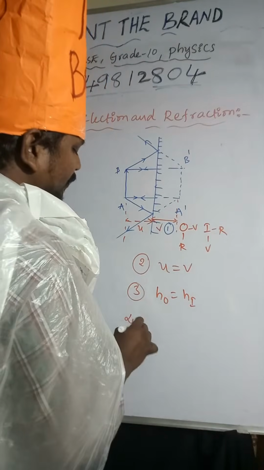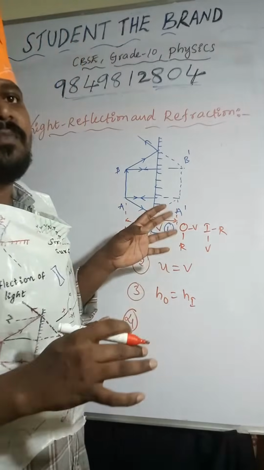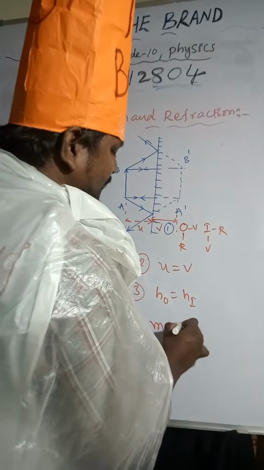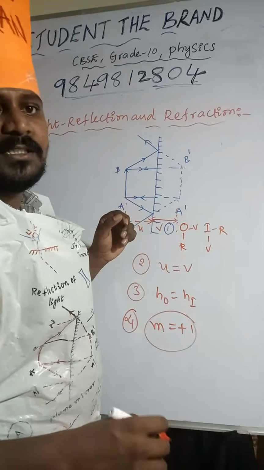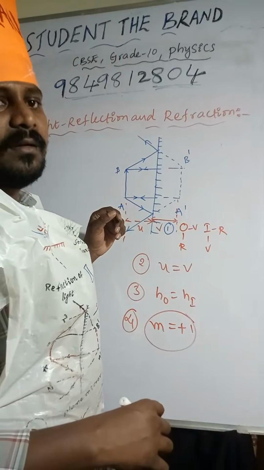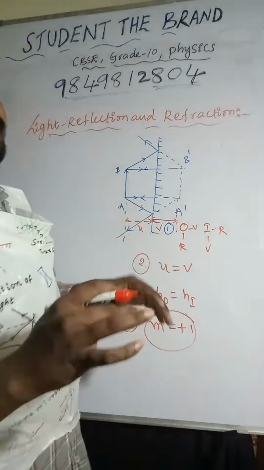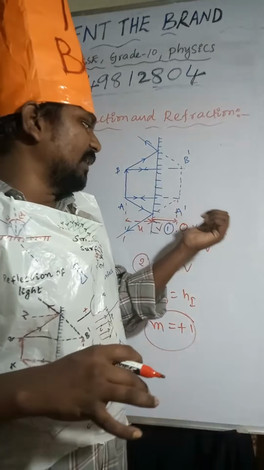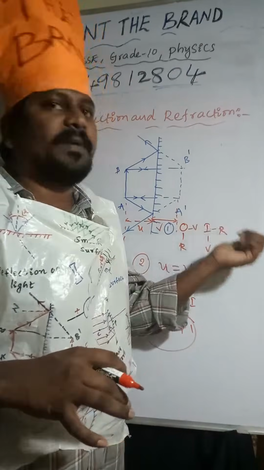And coming to the fourth one, the magnification of the plane mirror is +1. M equals +1. Understood? So listen carefully. Here, the object is real. If the object is real, the image is virtual. If the object is virtual, the image is real.